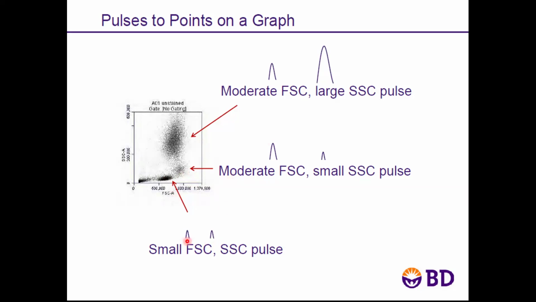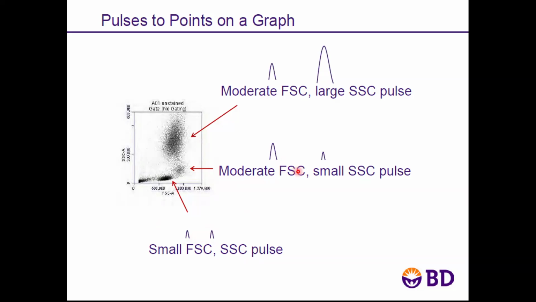Let's just take the example. The size of the lymphocyte is small, so even if you see the voltage, the pulse formed here is very small. The area, height, and width of those pulses are very small.